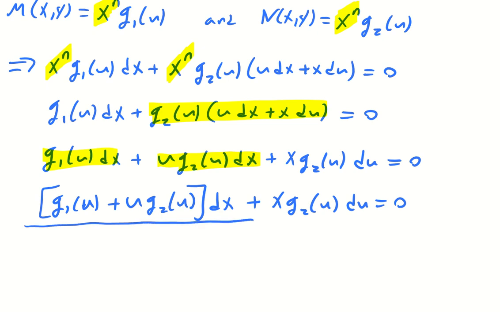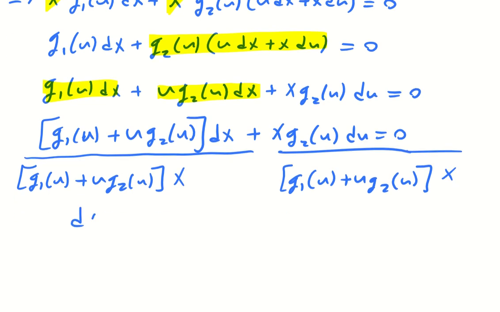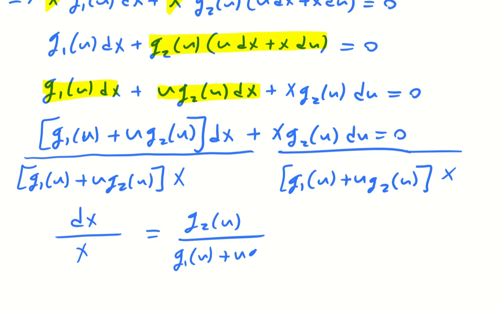We'll divide everything by g sub 1 of u plus u times g sub 2 of u, and then we'll divide everything by x. And then we get dx over x plus g sub 2 of u over g sub 1 of u plus u times g sub 2 of u du equals 0.